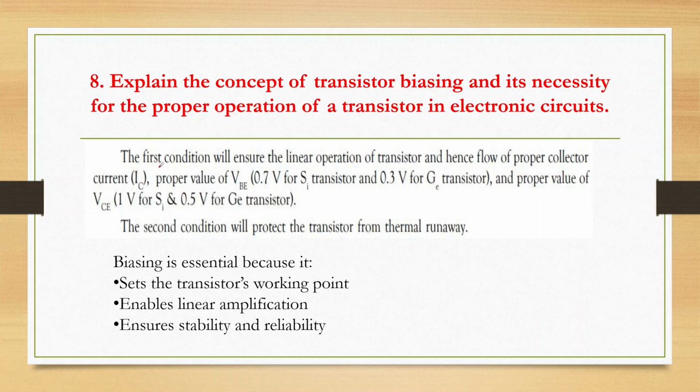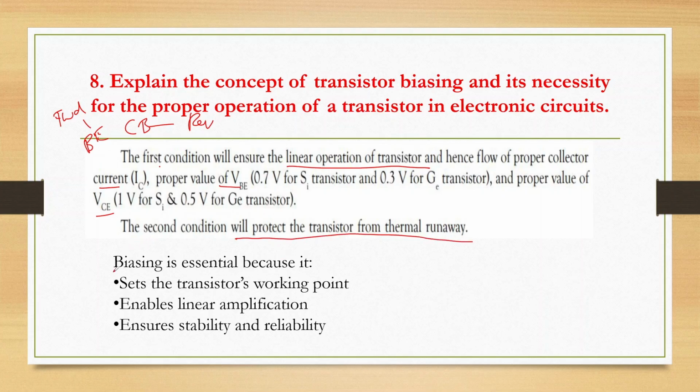If we make sure the BE and CB junctions are forward biased and reverse biased, this will ensure the linear operation of the transistor and proper flow of collector current and the transistor parameters IC and IB. Stabilizing the Q point is necessary to protect the transistor.